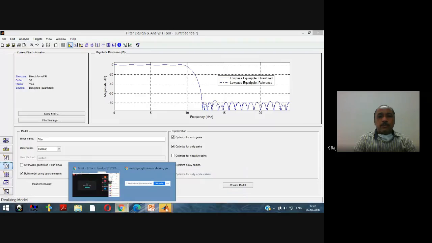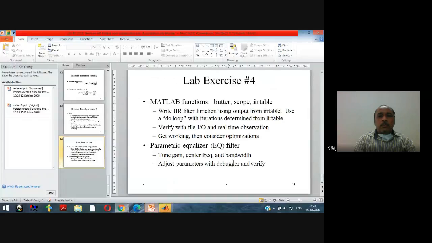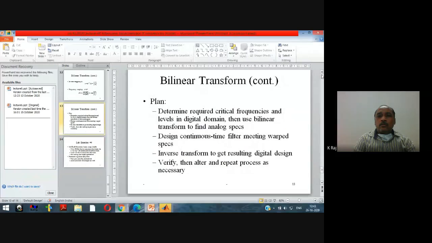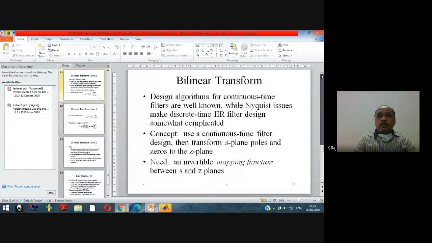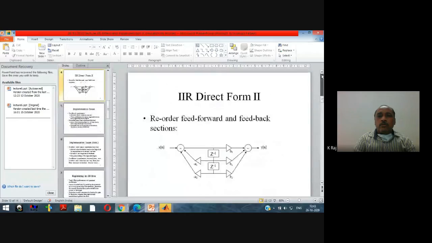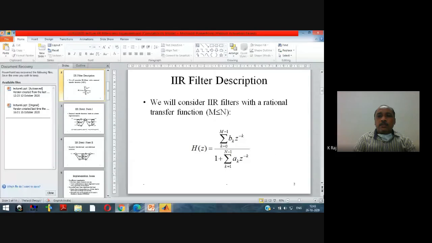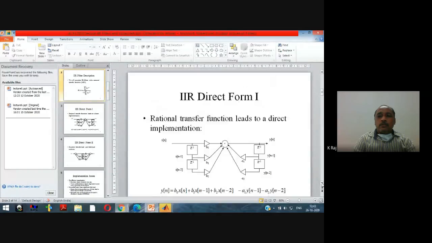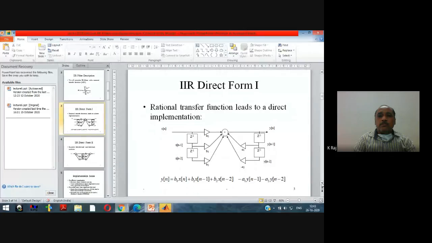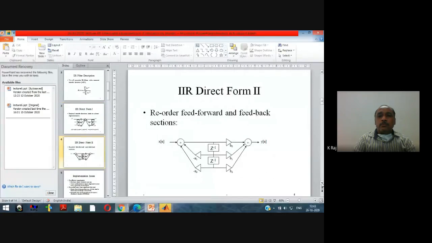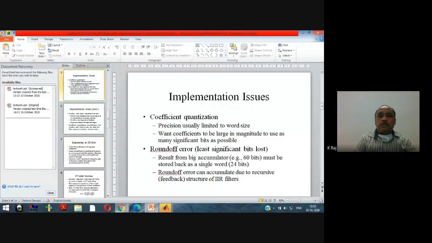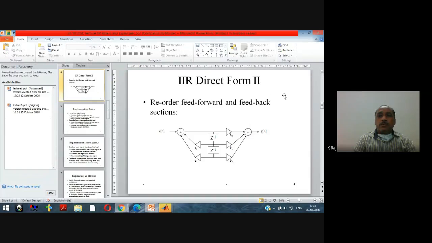See, this is the architecture, and in this one we are using the direct form 1 and the direct form 2 realizations. Theoretically, we have described the architecture of the direct form 1 and the direct form 2 of the FIR filter.